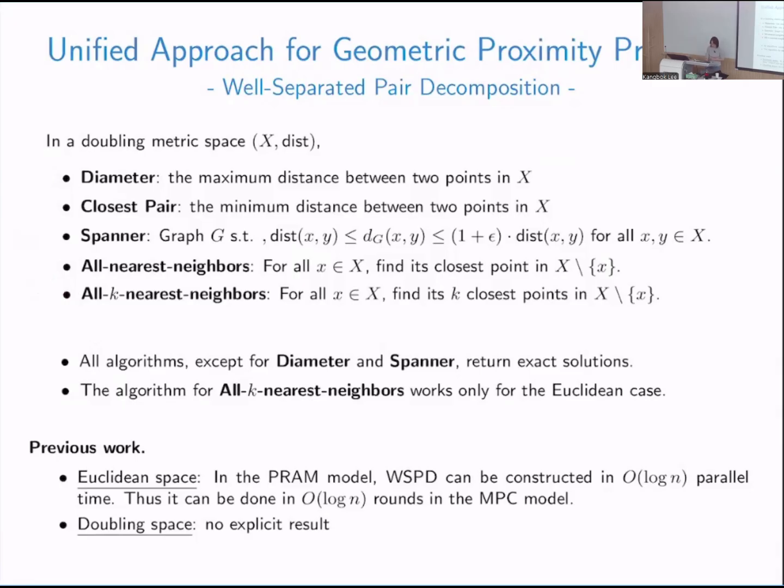Instead of that, in the Euclidean space, in the PRAM model, WSPD can be constructed in log n parallel time. So we can construct WSPD in log n rounds in the MPC model. But in the doubling metric space, nothing is known.